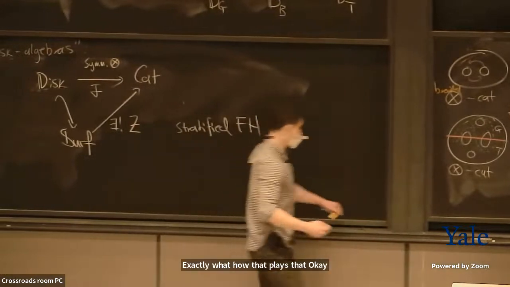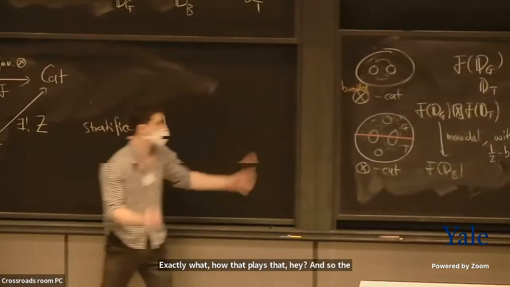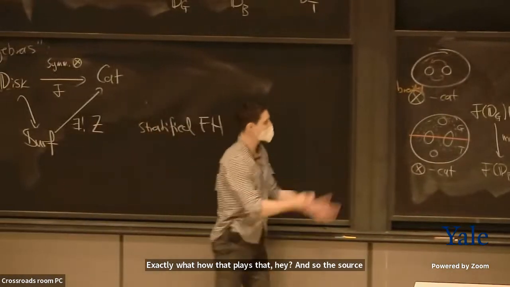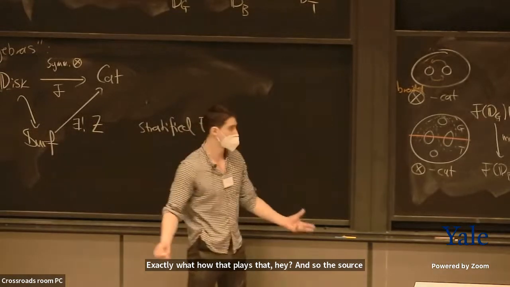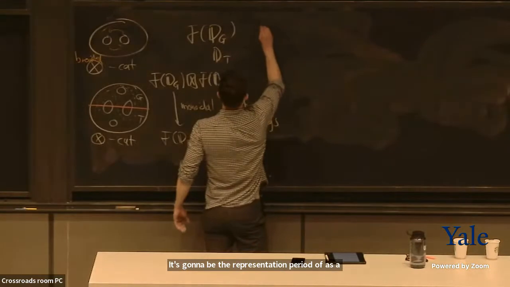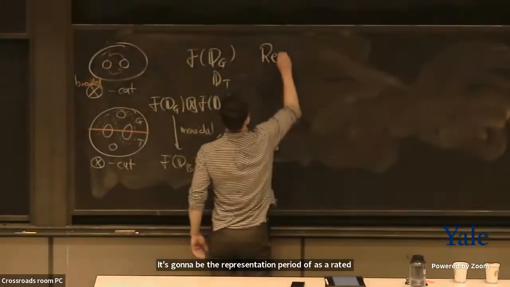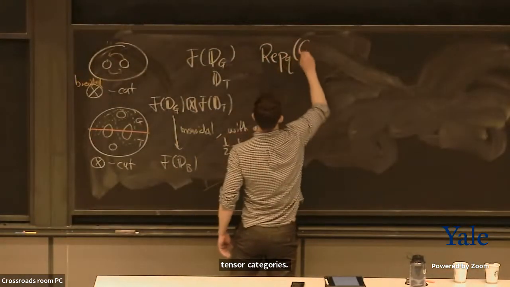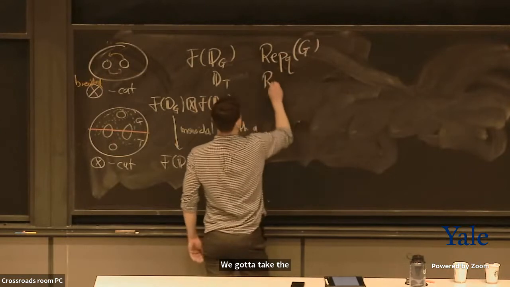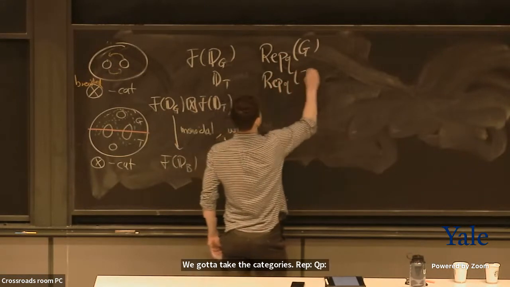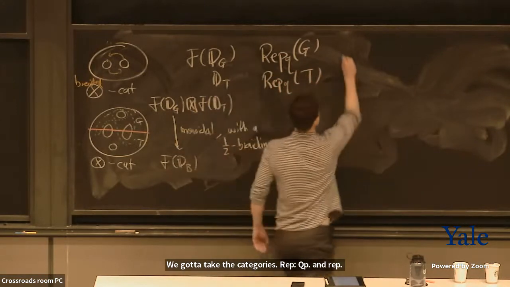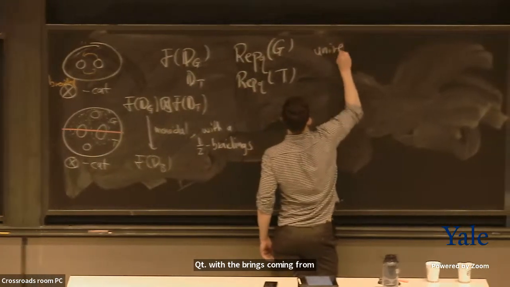Okay, and so the source of categories bearing all of these structures for us is going to be the representation theory of quantum groups. As our braided tensor categories, we're going to take the categories Rep Q G and Rep Q T, with the braidings coming from the universal R-matrix.